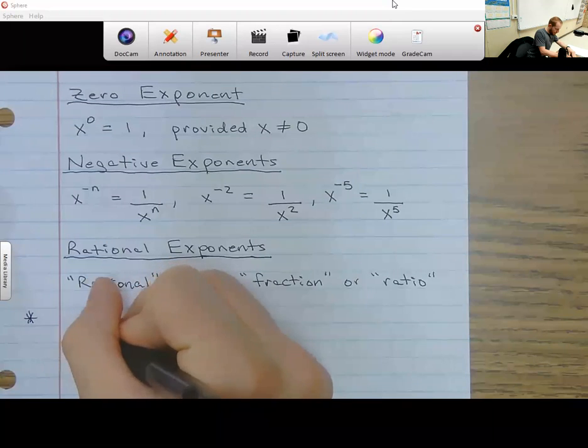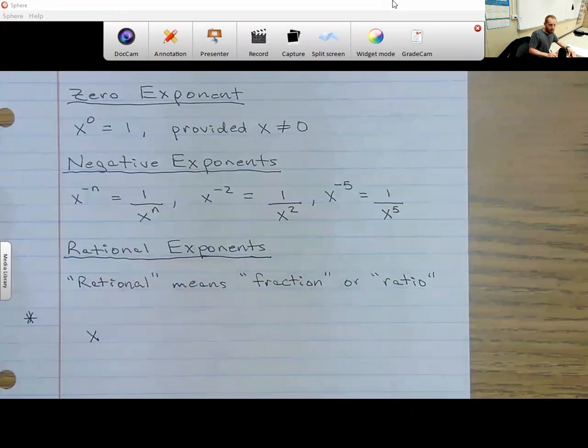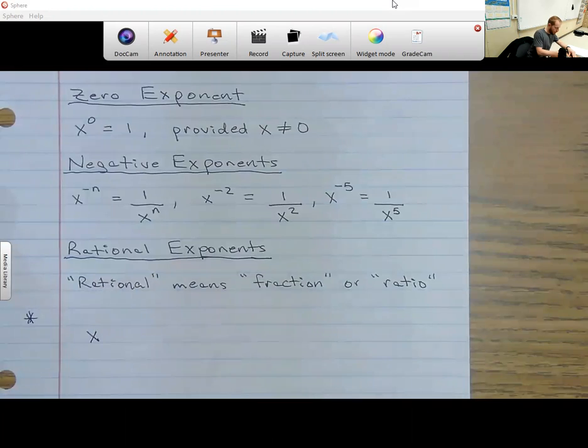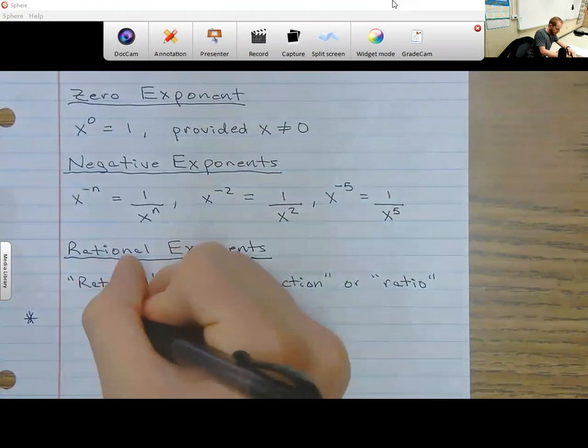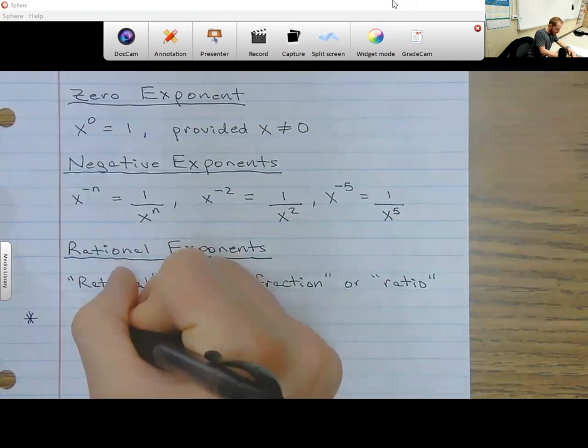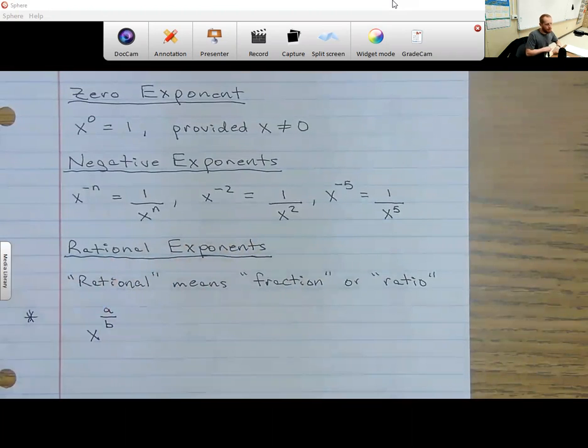We're going to start off with the variable x, and we're going to raise it to the a over b power. The top of the fraction is called the numerator, so our numerator is going to be a. The bottom of the fraction is called the denominator, so the denominator is going to be b.